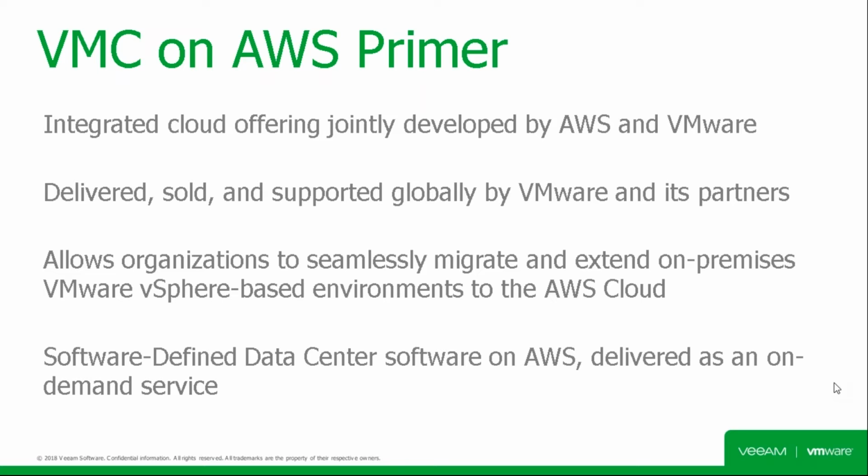It's delivered, sold, and supported globally by VMware and its partners. It allows organizations to extend or migrate their on-premises vSphere-based environments to the AWS cloud. It's delivered as an on-demand service, so you don't need to order hardware, rack it, stack it, power it, ping it. We'll show you in a moment how easy this is to set up. It's darn near instantaneous, so it gives us something we never had before. Let's go to the next slide.